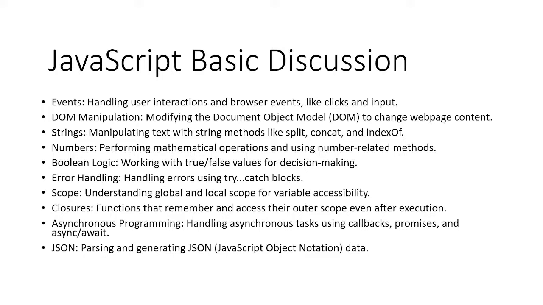Strings, normally you know it. Numbers, Boolean logic, decision making, error handling, scope, closure, asynchronous. So what is asynchronous? Hope you know this also: synchronous is what happens instantly, and asynchronous is what happens at the back end. You are trying to do something in the back end, so that is a different thing.